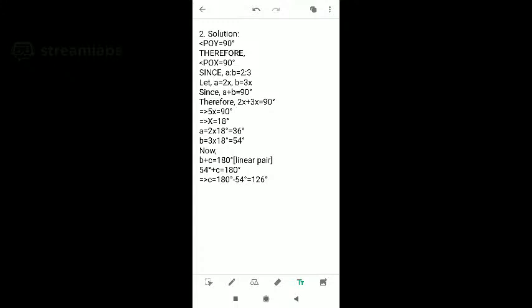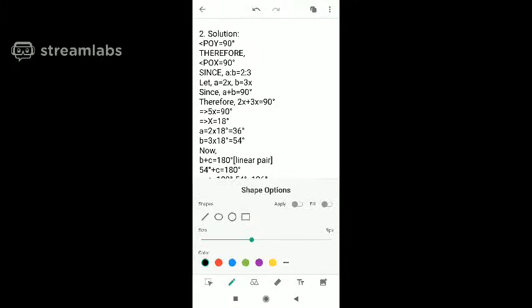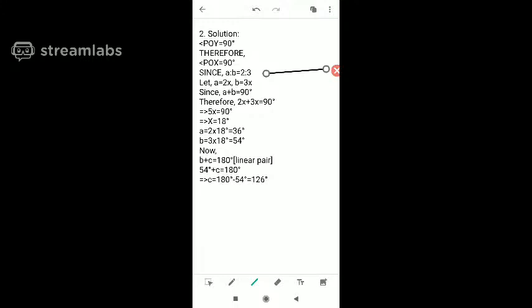So diagram is already given here. You can draw from the book, or I'm drawing here also if you want that one. Going in between this one.